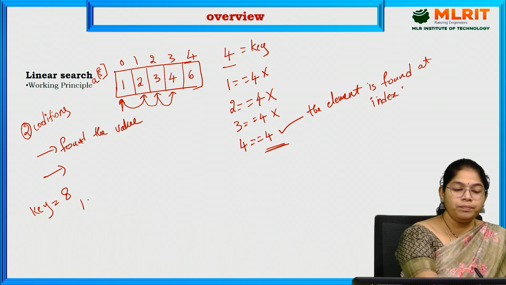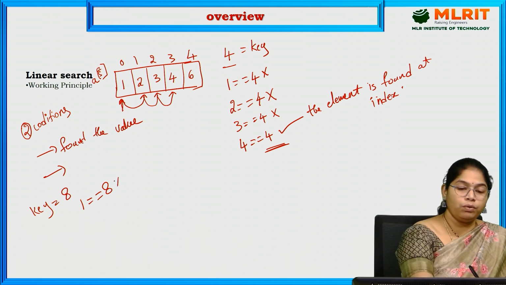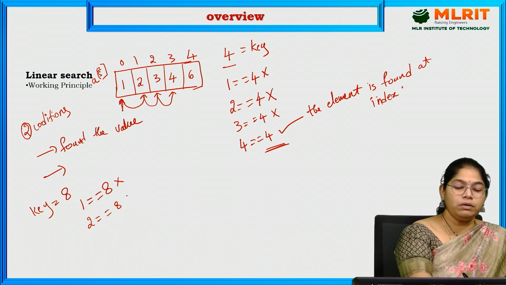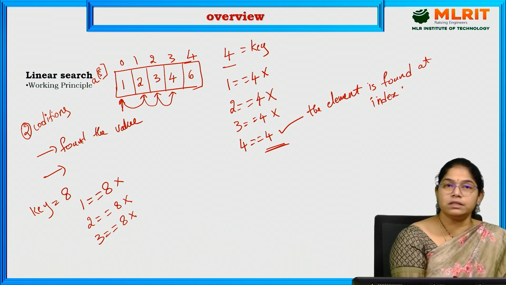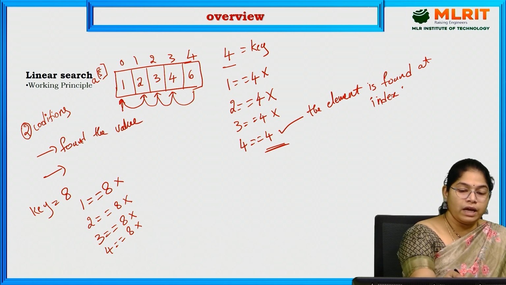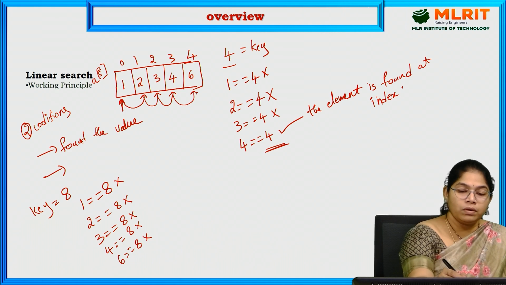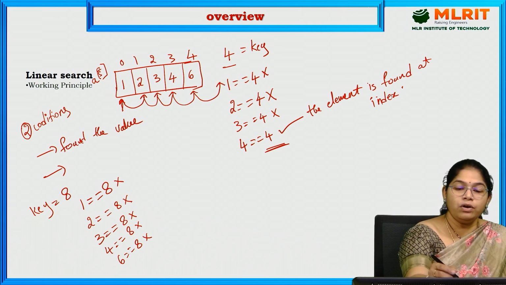Is 1 equal to the key, that is 8? No. Then is 2 equal to 8? No. Then it goes to the next value, that is 3. Is 3 equal to 8? No. Then we have 4. Is it equal to 8? No. Then we have 6. In this case, no. So we reached the end of the array.